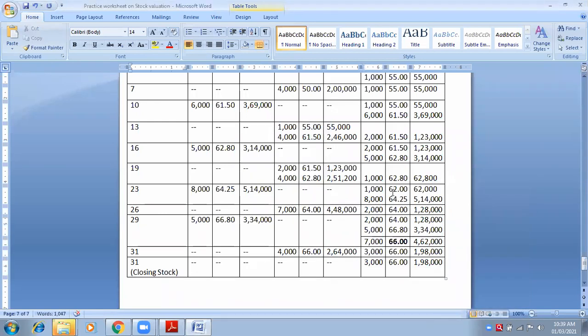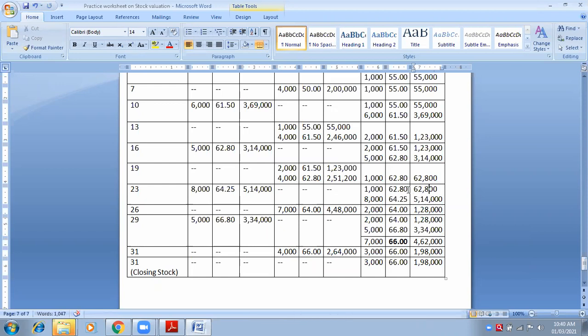Same. What is the rate of 1,000? 62.80. What is the amount? 62,800. And that 8,000 will also be copied down. 8,000, 64.25, 5,14,000.